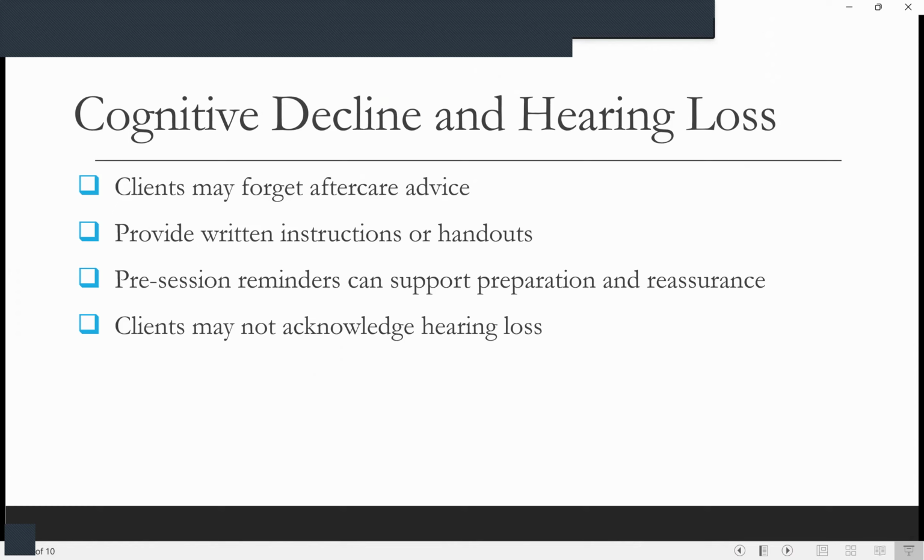Now, when you're doing a consultation and the client's just going, yes, yes, they may have hearing loss, but they're embarrassed to admit it. If they're just nodding and saying yes, that doesn't mean they've heard your question. So make sure you speak very clearly to them and that they can see your face and your lips. And just be aware that hearing loss is very common in the older client.